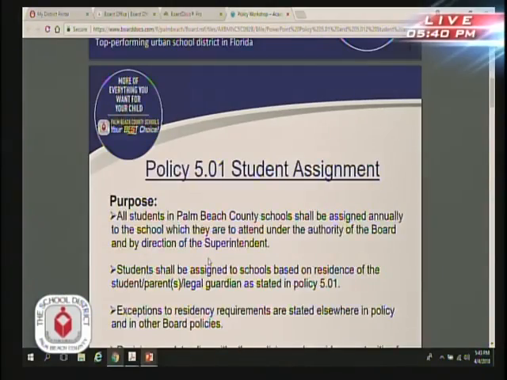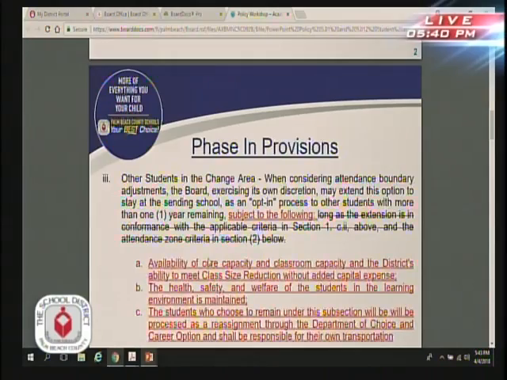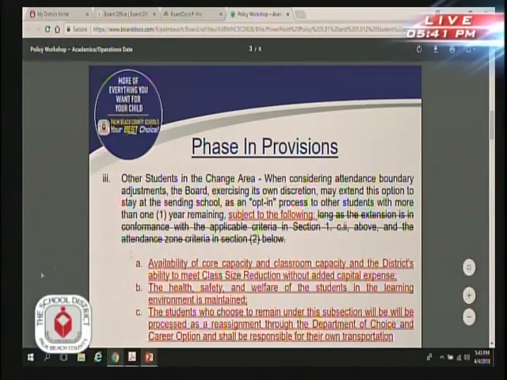Moving to slide 3, I think Mrs. Brill will be pleased with this because I remember during the Sunset Palms boundary change, we were very restricted in how we could do the phase-in provisions, and you were remarking that in a previous school district you had been part of, that was always the protocol.